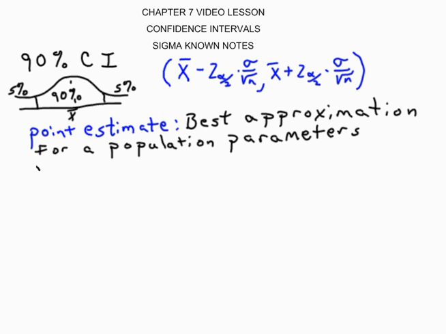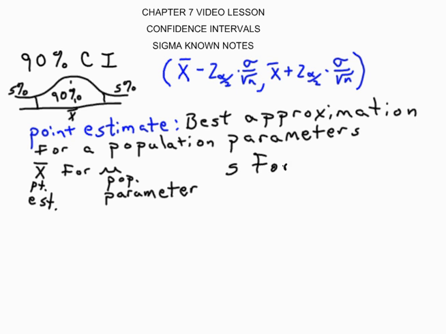For example, x bar for mu. X bar is the point estimate, and mu is the population parameter. So that's one of them, and then of course s for sigma. Those are our estimates for those true population values.